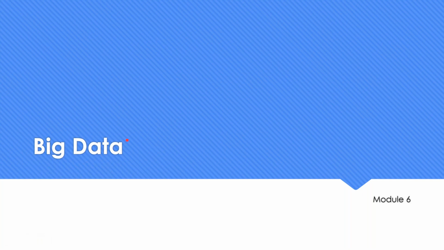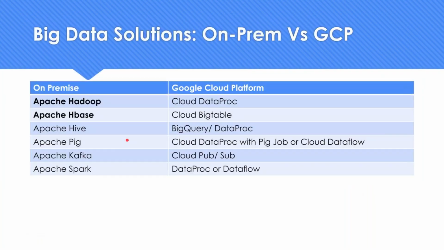Now, I have a small slide just to compare on-prem and GCP. For people who have not worked on big data technologies, this slide may look like Greek and Latin, no problem. But when we finish this big data module, maybe 3 or 4 classes from now, you should definitely be able to compare this very easily. If it's on-premise, you have something like Apache Hadoop, and in GCP you get an equivalent of it, still on the open source version of Hadoop.